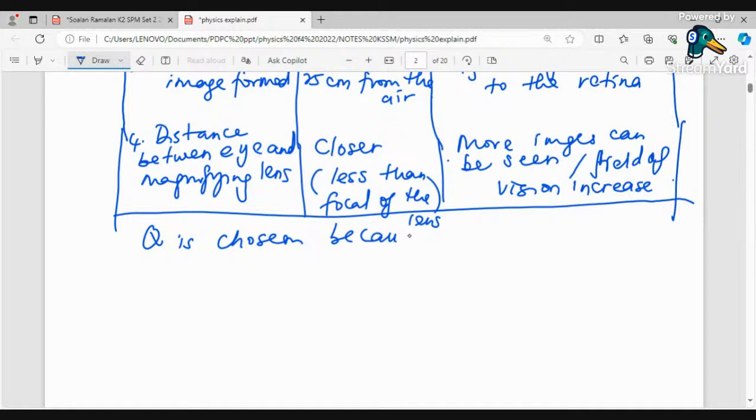because okay, you salin balik yang pilihan tadi. Okay, because it is thick lenses.